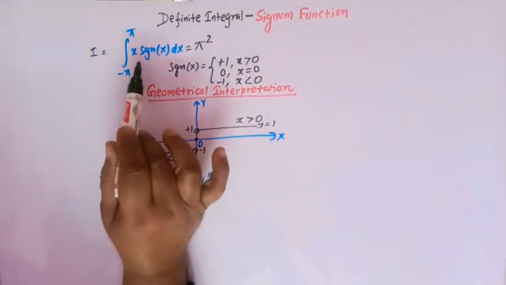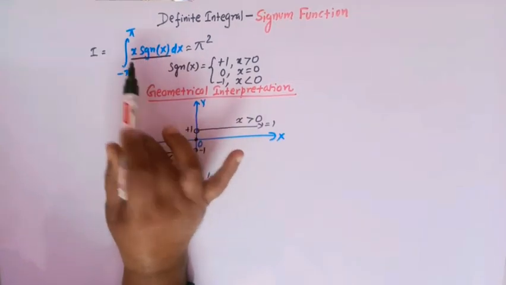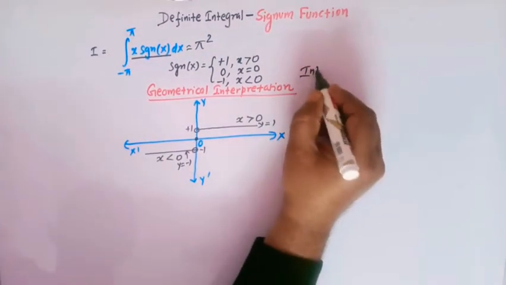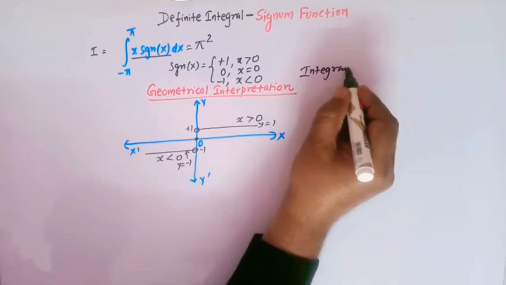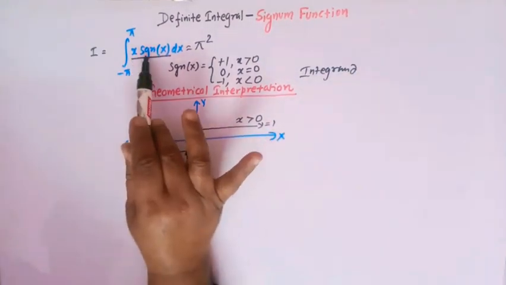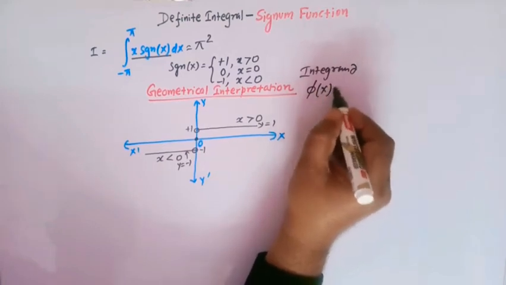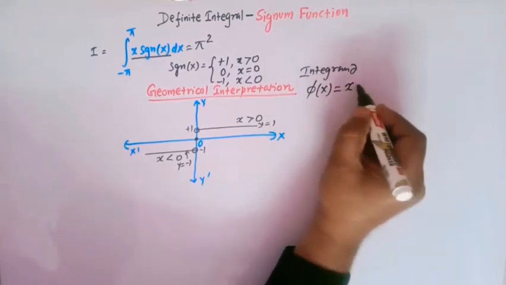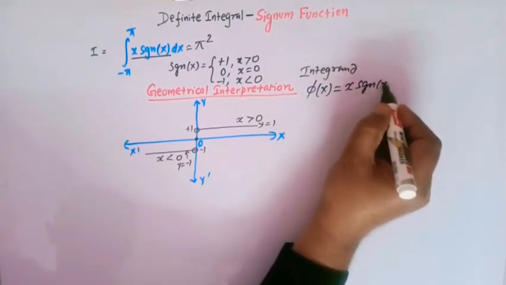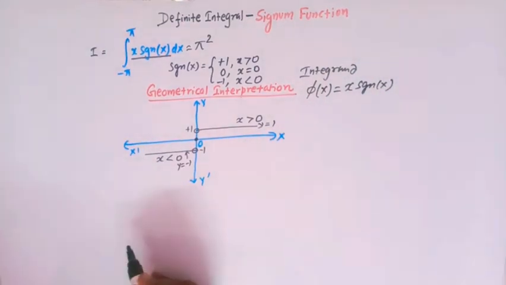Now here the integrand is given as x times signum of x, right? So let us denote the function x times signum of x as phi of x.